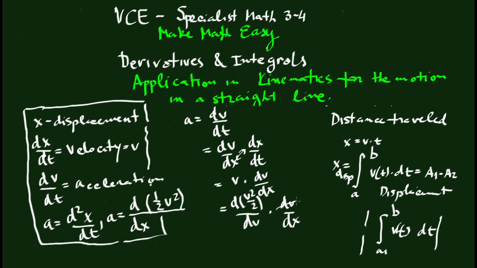So now we can cancel them out, and we get d of v squared divided by 2 by dx. As we said before, the formula is used when the time is not given, when we have acceleration and displacement, or velocity and displacement given. That's all.